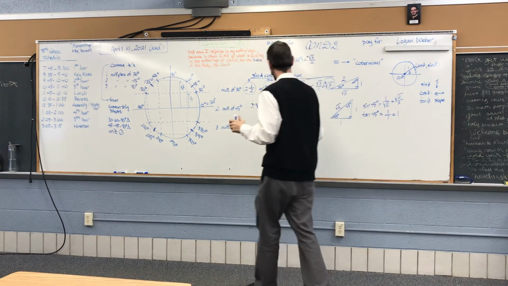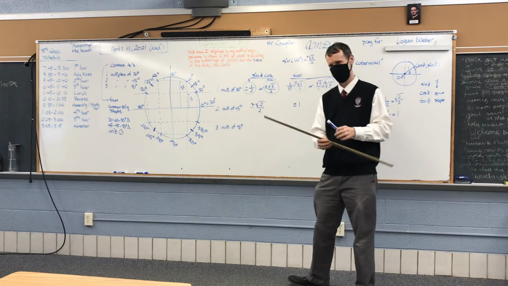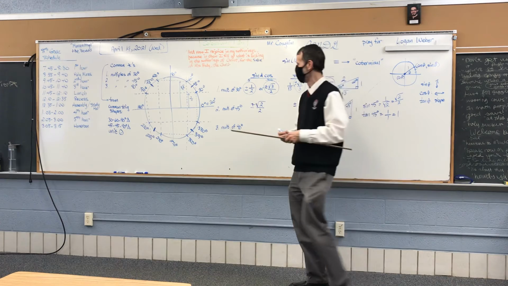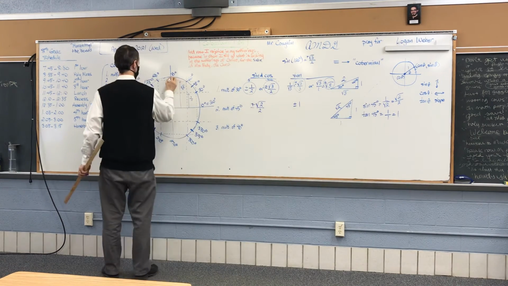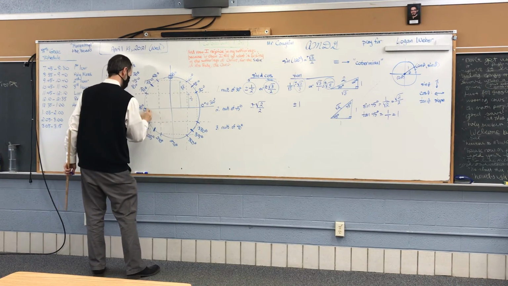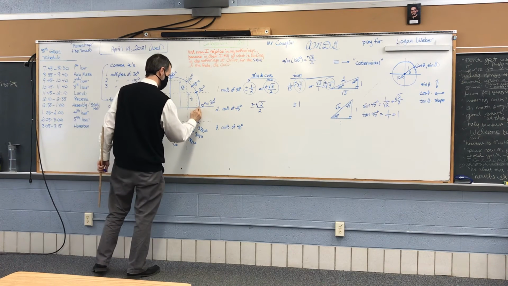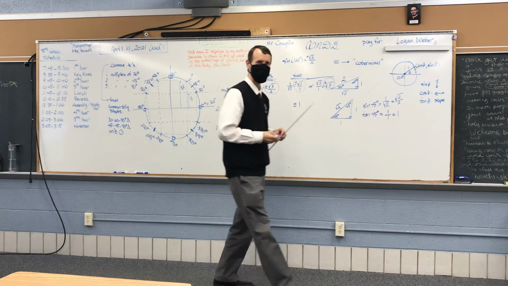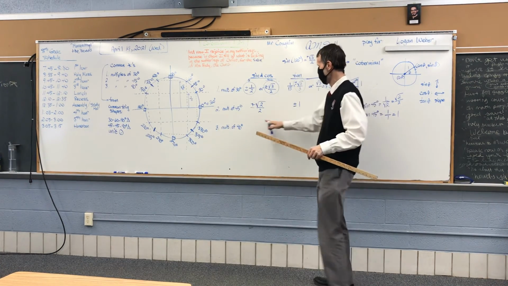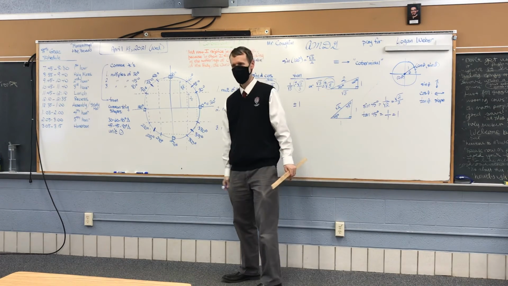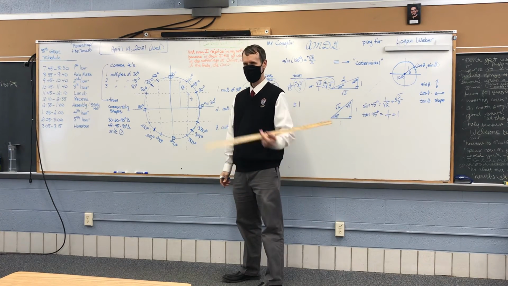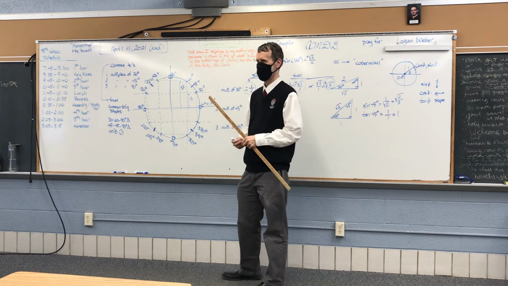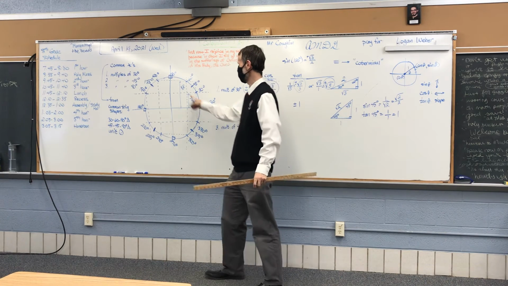Multiples of 90. You know when I said it's getting easier, easier, easier? The multiples of 90, I'm going to box these here. Visually, you should be able to tell me where those are. Sine is height. Sophie, what's the height at 0? 0. What's the height at 90?